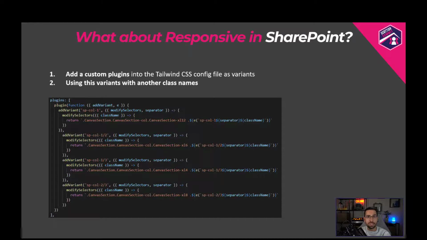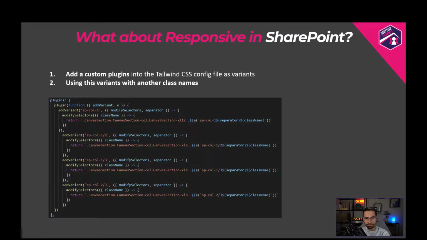So Tailwind CSS uses media queries and is based on the width of the page, but in this case we need to manage the responsiveness of your web part by the dimension of the section.